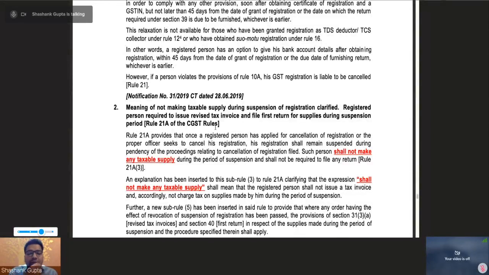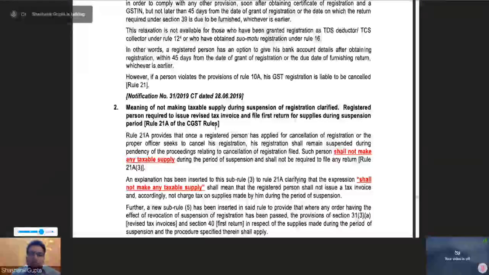Now there could be a case where someone took registration, but his turnover is going to be below the registration threshold, and that is why he is surrendering the registration, but otherwise he is continuing to do business. Now the point for clarification was that if a person goes into suspension, can he not do business at all?